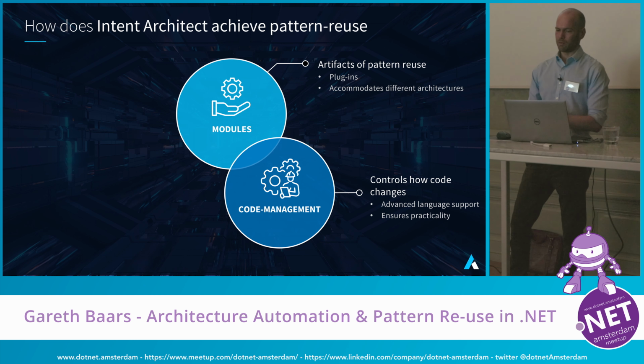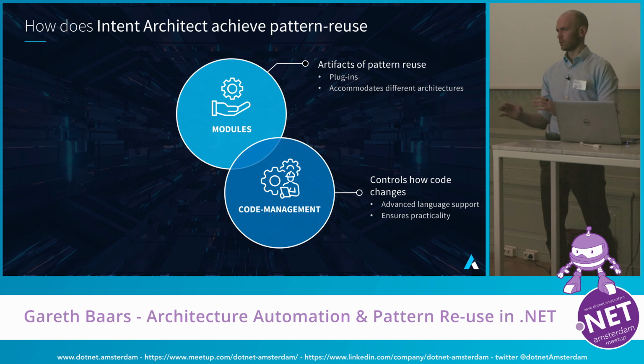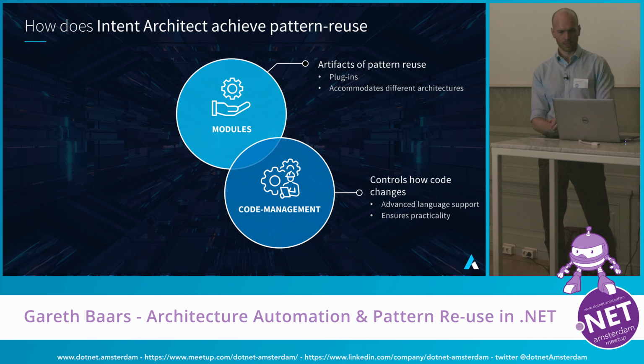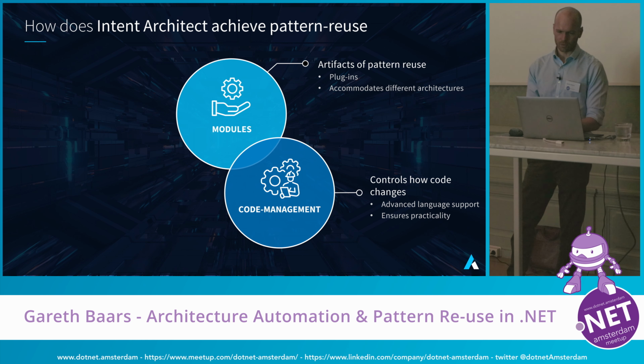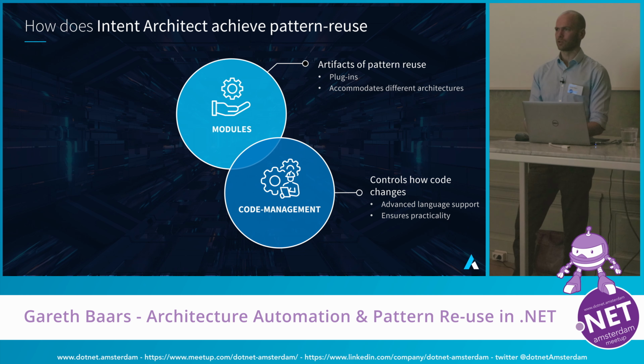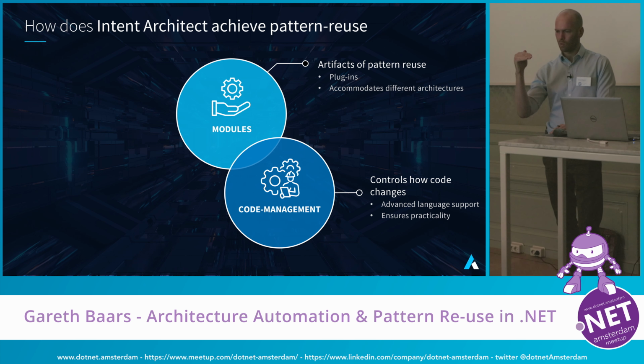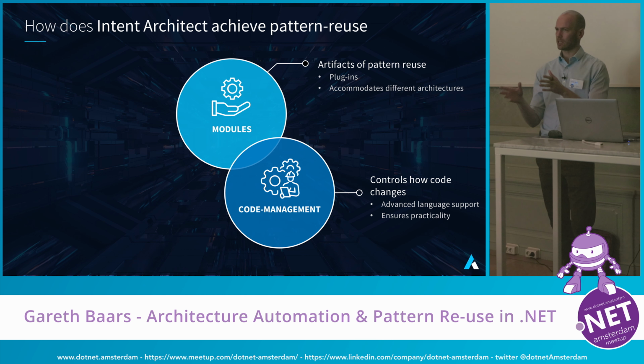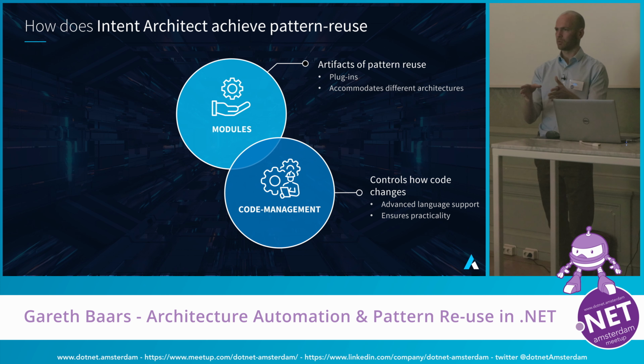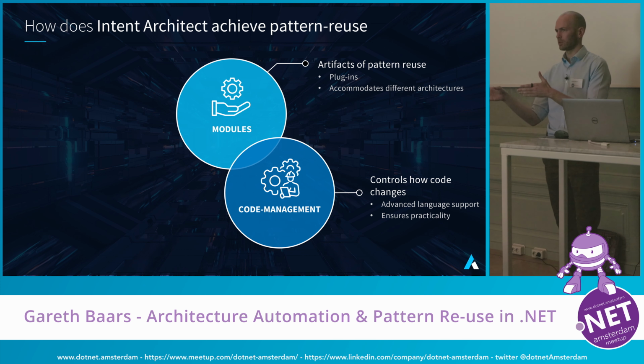The second is code management. I'm going to be taking you through these and show you lots of examples as we go. So the second is code management. If I was to really simplify it, it's a way of telling the tool, Intent Architect, which parts of the code base are under the management of Intent Architect and which parts of the code base are under the management of the developer, at a very, very granular level of control.